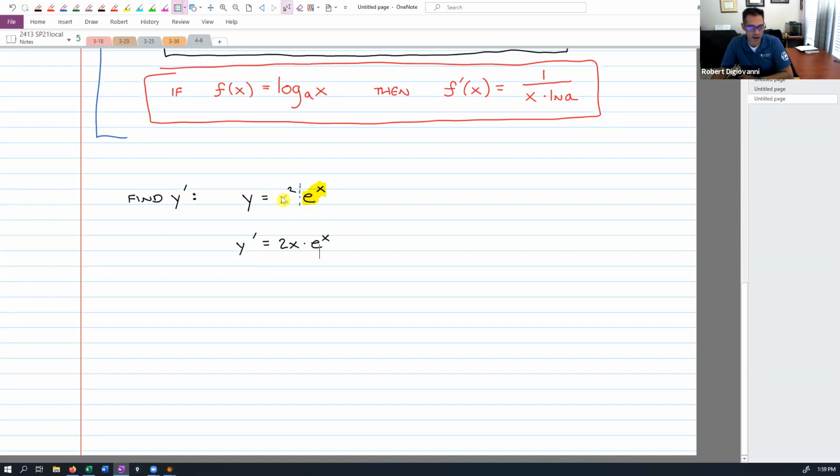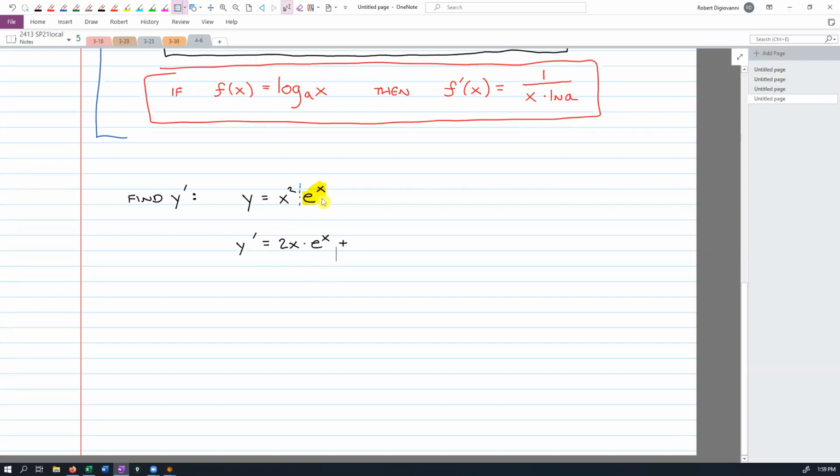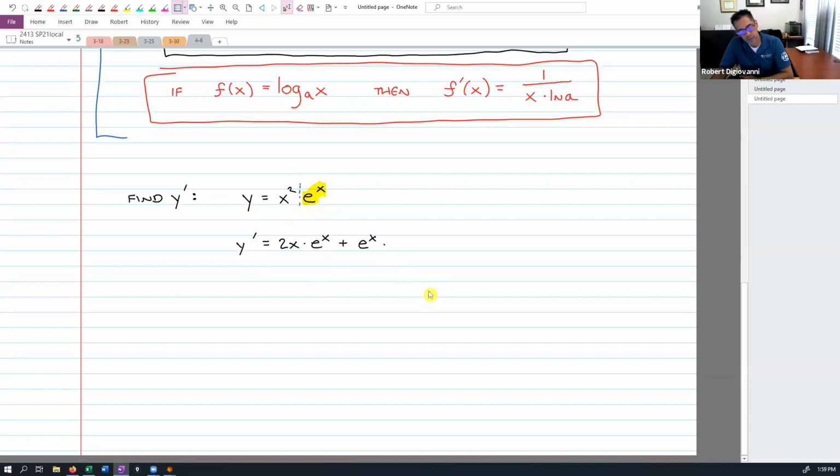So I'm doing f prime g, and then plus the derivative of e to the x, which is e to the x itself, and then times what? x squared. Okay, does everyone see the product rule here?